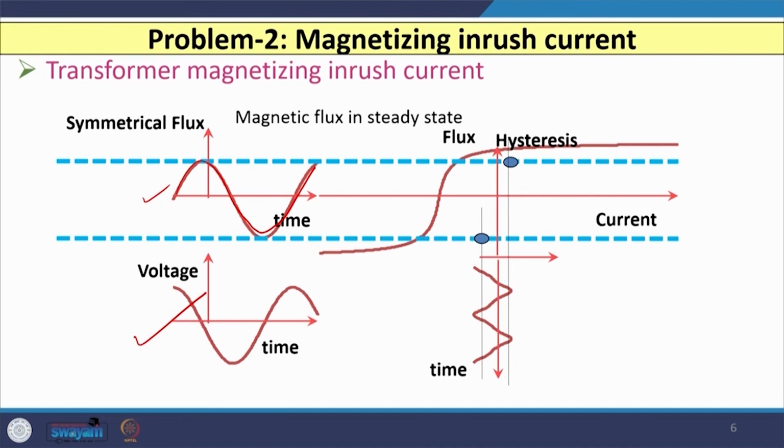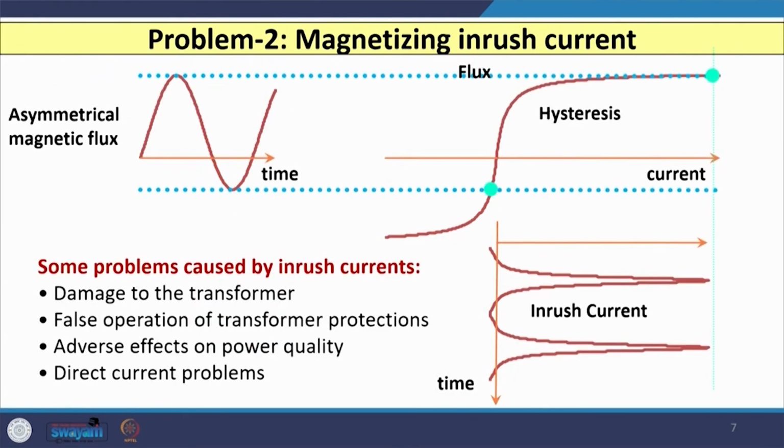If your flux is symmetrical in nature, then you can extend this point here, and this other point here, and if you extend these two points, you will have the value of current which is well within the range. However, when your flux is asymmetrical in nature, you can see that there is an asymmetry.